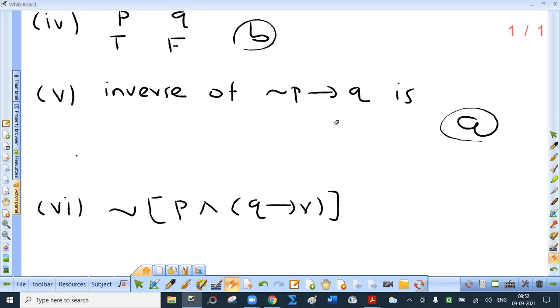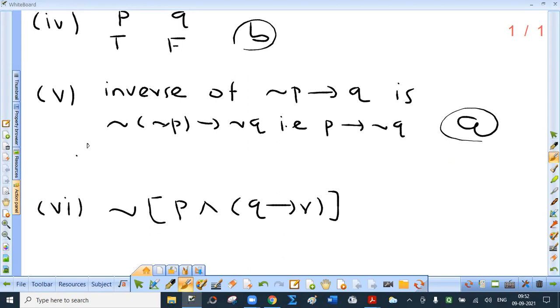See, what is inverse of not P implies Q? Inverse of not P implies Q is not P implies not Q.